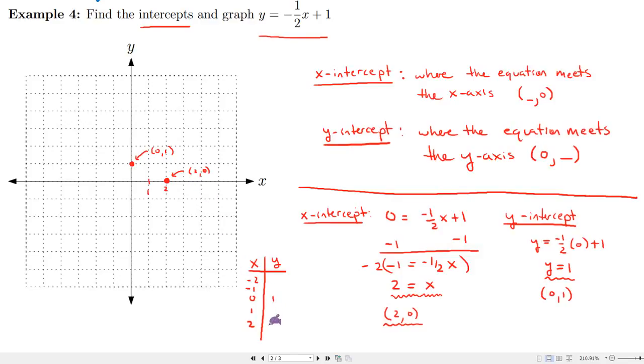At x equals 2, y is 0, right? But let's fill in the rest of these real quick. If you plug in -2 up here, you'll get 1 plus 1, so that'll be a 2. And if I plug in -1, then we will get +1/2, so that'll be 1.5. And if we plug in 1, you're going to subtract 1/2, right? -1/2 plus 1, so that'll be 1/2. So that's 0.5, or you could just write 1/2 if you want. Okay, and if you plot all these points, you'll see that it'll actually be this line here.